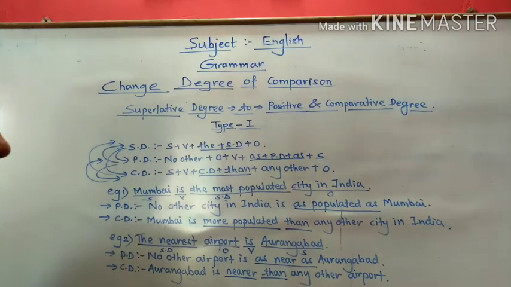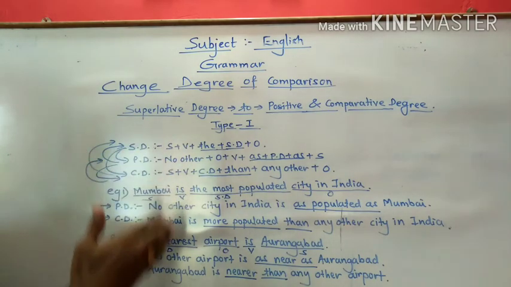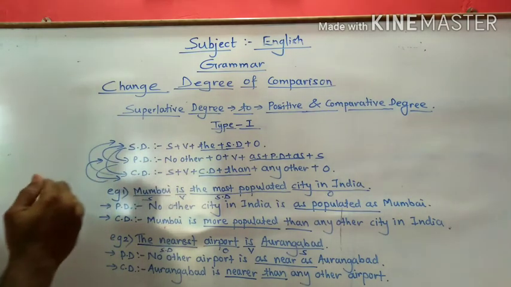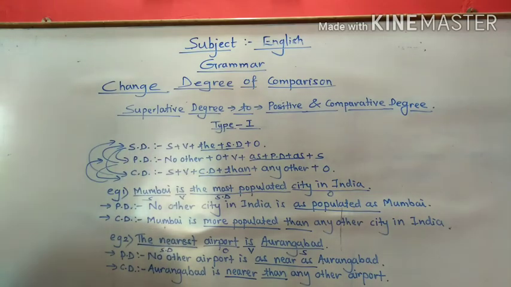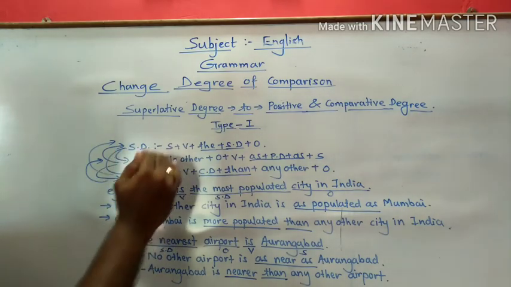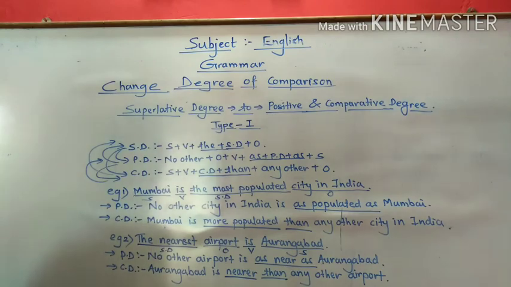So in this way we can change the sentence into positive and comparative degree if the sentence is given in the superlative construction. Yes, so generally this is the construction of superlative, positive and comparative degree. Understand? While interchanging these sentences, we can understand this construction.